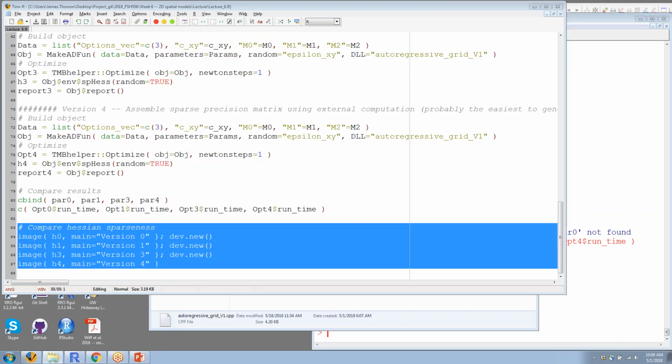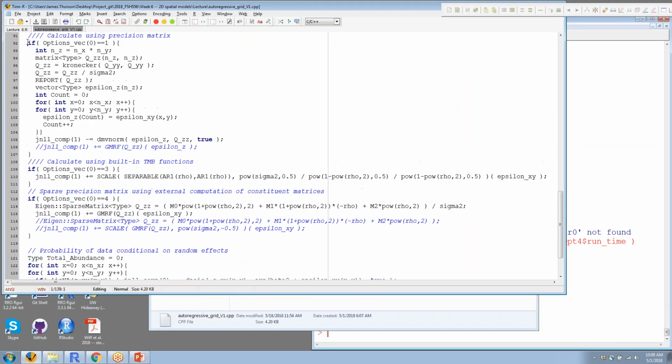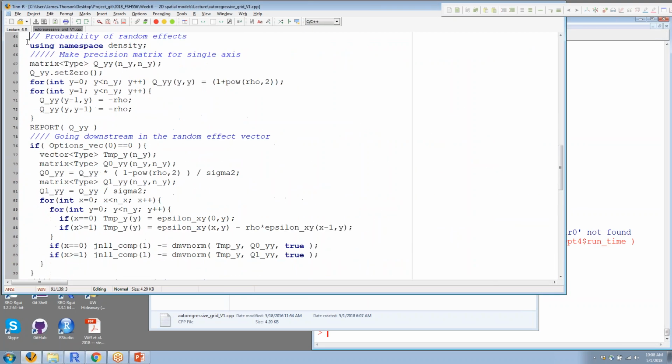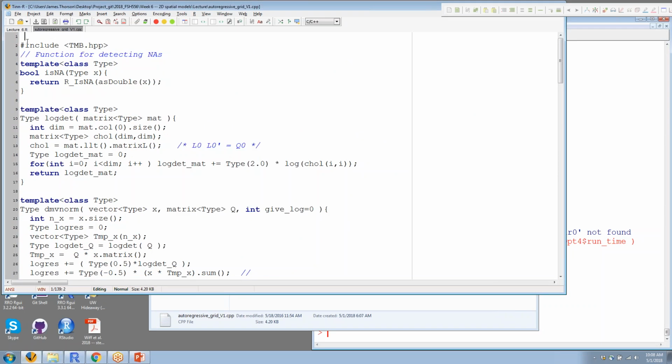And then looking at the C++ code, it has very similar structure to the lab code that we did last week, where we've got these helper functions put in here.